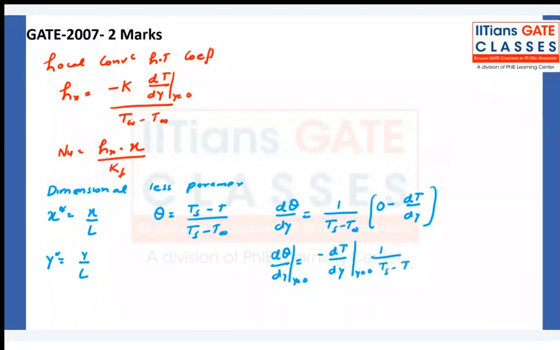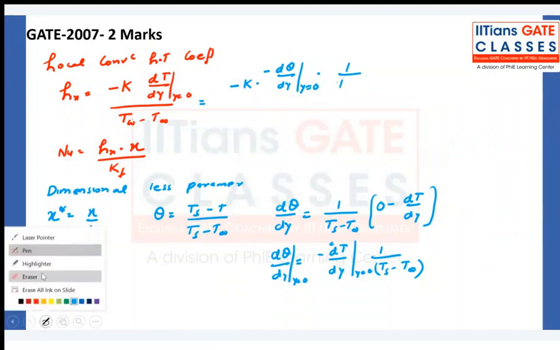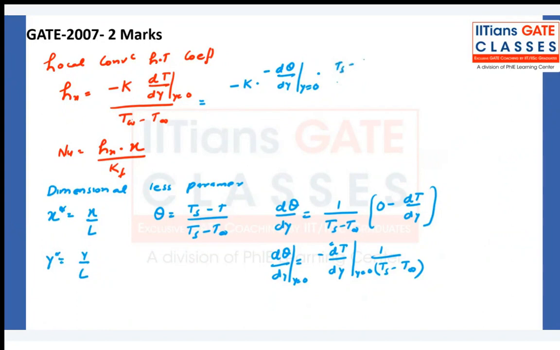So from here I can find out minus dT by dy will be equal to, let me put it here, minus k d theta by dy at y is equal to 0. In fact, one minus will come here, times Ts minus T infinity. That x square alpha. What is x square alpha?